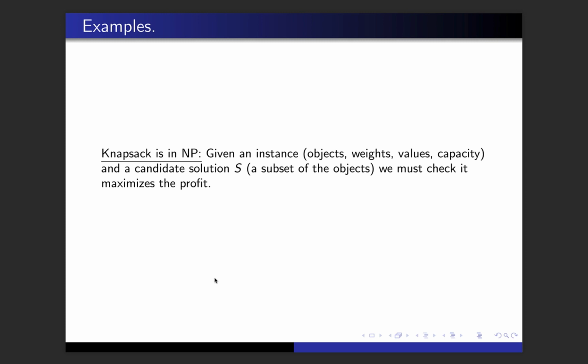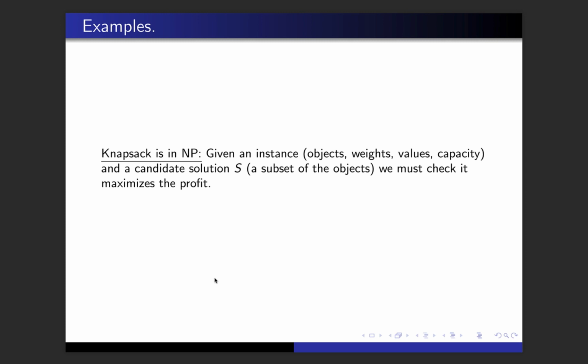But I'm going to tell you now that we don't know how to verify in polynomial time whether or not this candidate solution is indeed a solution, because we don't know how to check that this maximizes the profit. Remember that to check that this set maximizes the profit, you need to prove that any other subset of objects within the capacity B does not get a profit bigger than the profit output by S.